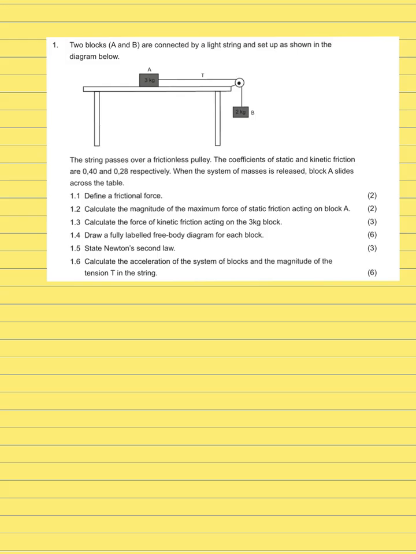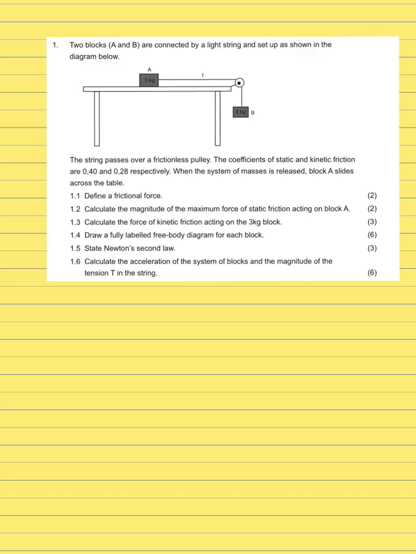All right, let's have a look at this next one. You've got 2 blocks A and B connected by a light string, and the setup is shown in the diagram below. The string passes over a frictionless pulley, and the coefficients of static friction and kinetic friction are given. So again, they're giving you that word respectively.